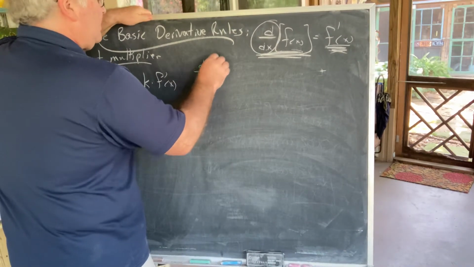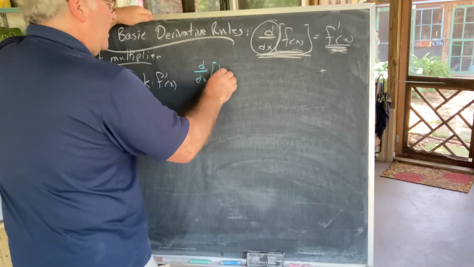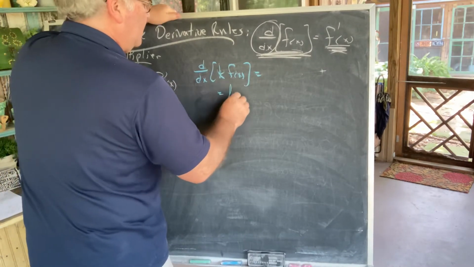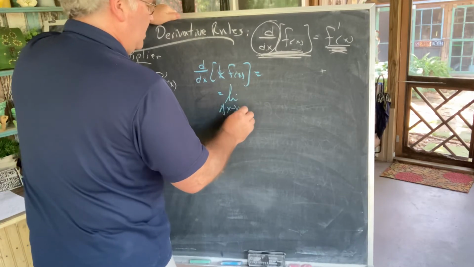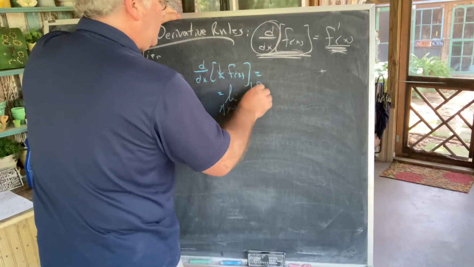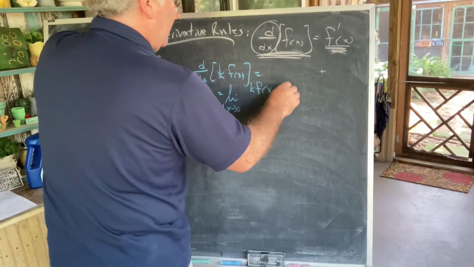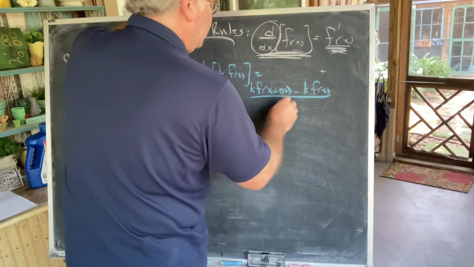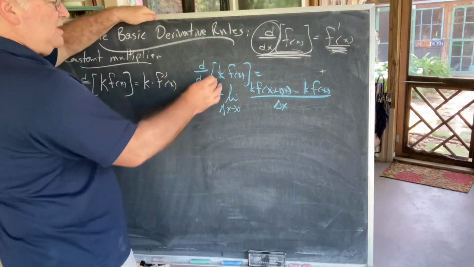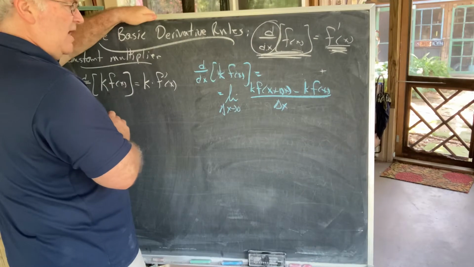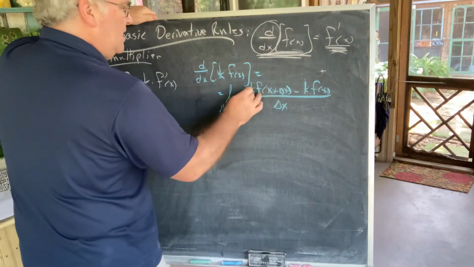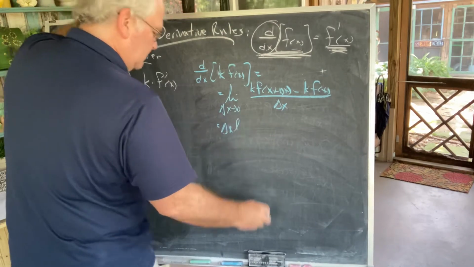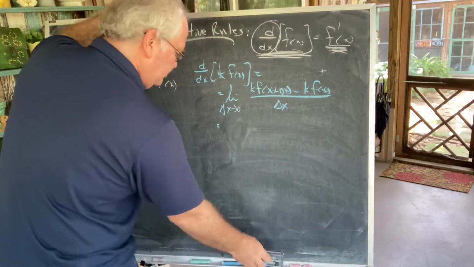The derivative with respect to x of k times f of x, by the definition, is the limit as delta x goes to 0 of k times f of x plus delta x minus k times f of x, all over delta x. There's this constant multiplier every time you write down f of x. But this k can factor out. I can factor this k, limit as delta x goes to 0.